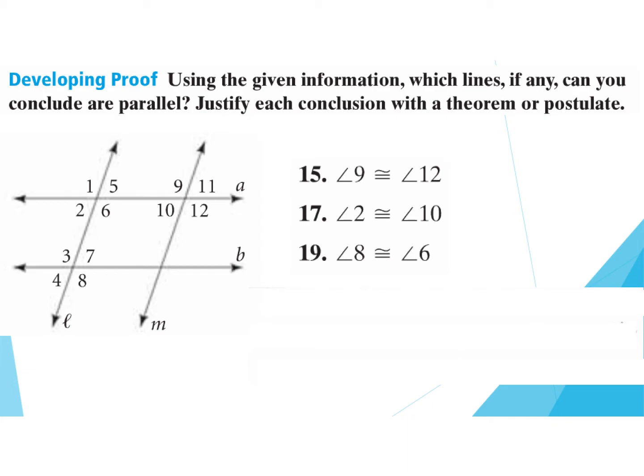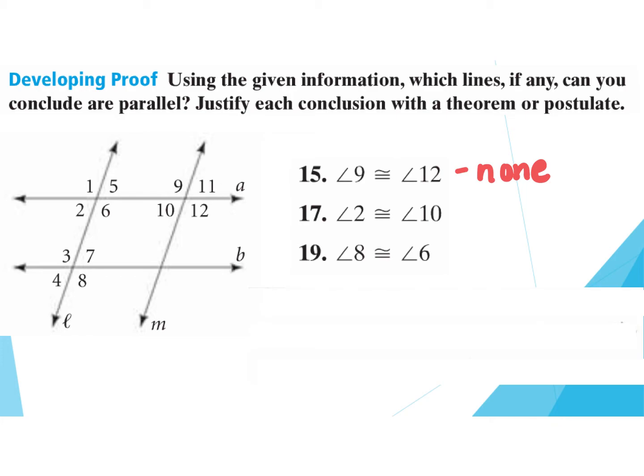For the next one, I have angle 9, which is formed by these lines here, and angle 12 formed by these lines. Now, what we should see is these are vertical angles, so you can't prove any lines parallel because it's only one set of lines that we're dealing with here. So your answer would be none.